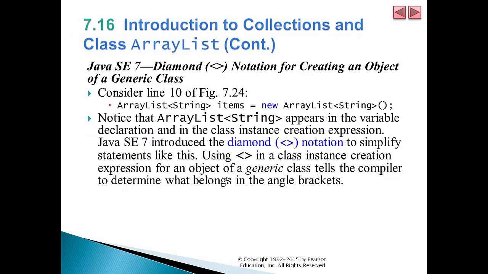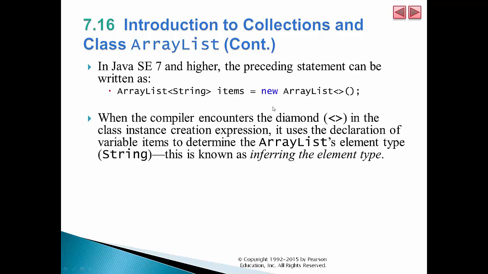About this diamond notation: once you do the declaration, during the initialization you don't have to repeat it. You can skip that part, because it will create a new array list object which represents a collection of strings. So you don't have to rewrite the same thing again and again.